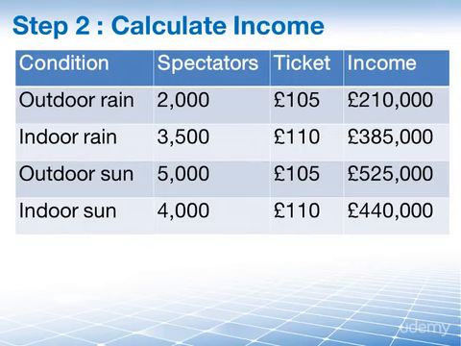We'll fill in the conditions, the spectator numbers, the ticket price, and we multiply these with each other, and we end up with an expected income based on our current ticket prices and the historical numbers of attendees that we can expect if we have an outdoor with rain or an indoor with rain or an indoor with sun tennis tournament. All the combinations that we need in order to fill in these numbers into our decision tree are now here.